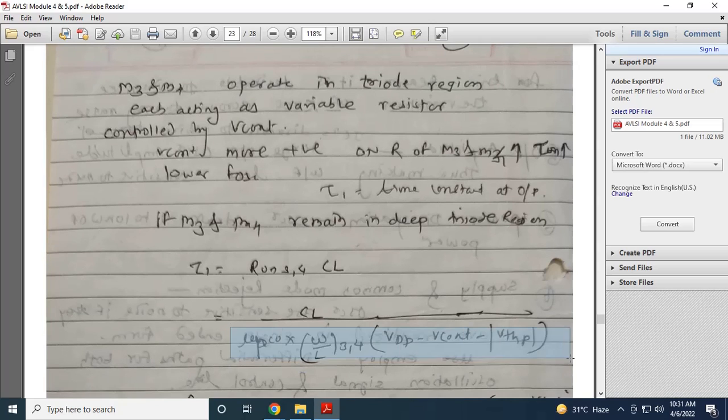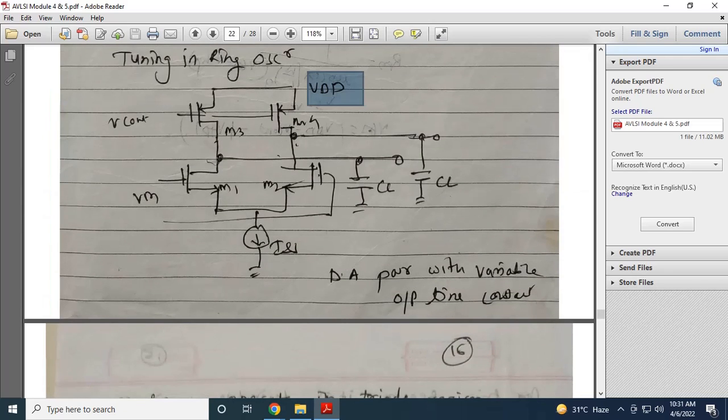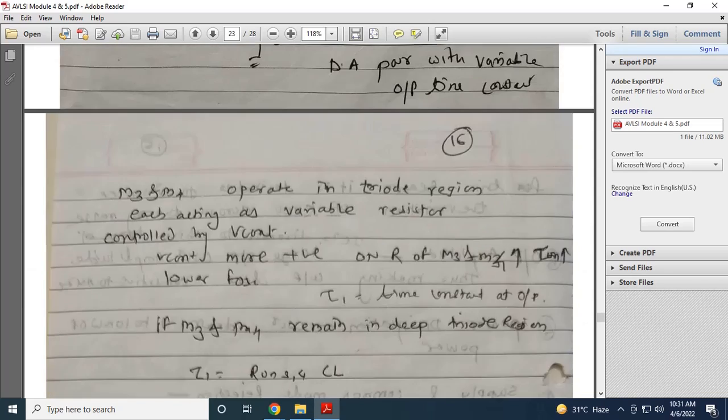So this is the equation of the on resistance of the transistor.